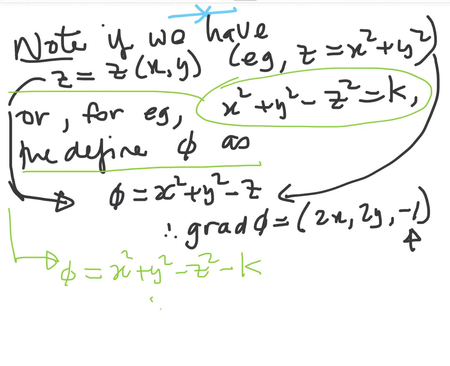So here grad phi, the gradient of phi, would be 2x, if you differentiate, 2y, minus 2z. And this, of course, is a specific example. This is peculiar to this example.